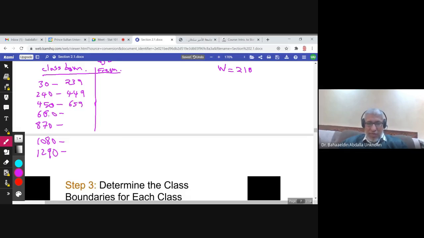If you add 1, you should get 660. 869 plus 1, you should get 870. 1079 plus 1, you should get 1080. 1289 plus 1, you should get 1290, and then we have 1499. So these are the class boundaries.